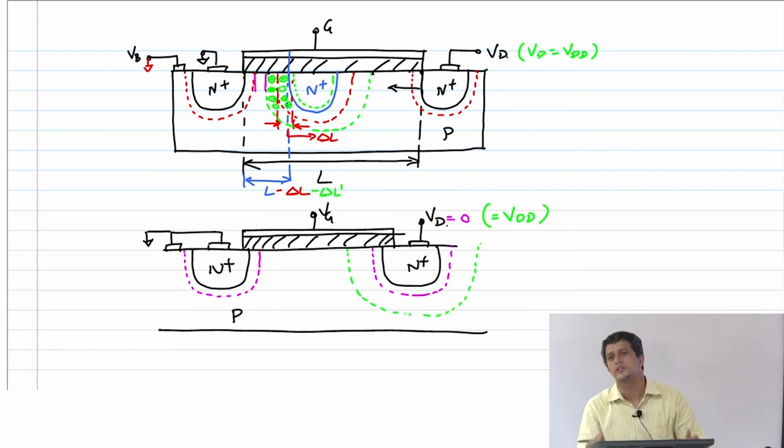Now what does this depletion region mean? It means that because this is p type, it's given away a hole, the immobile acceptor atom has become negative or positive? Negative. It's given away a hole, right? So you have negative charges here.